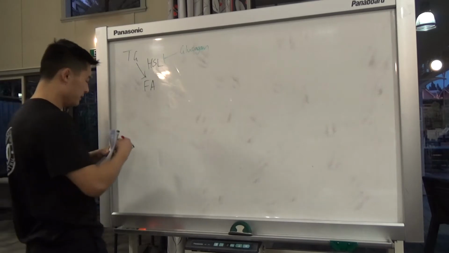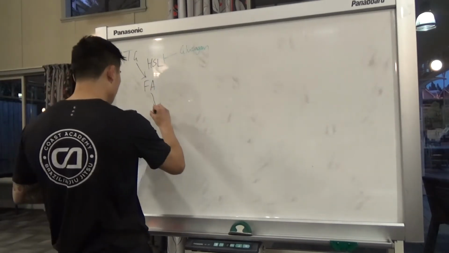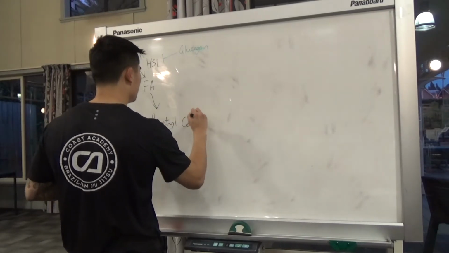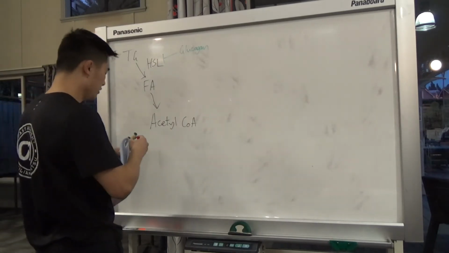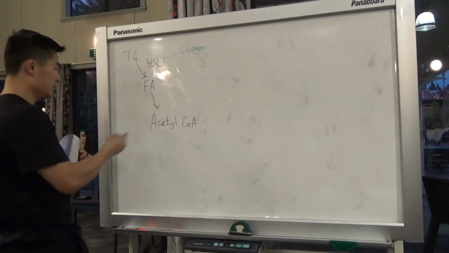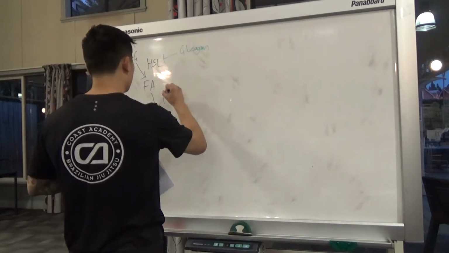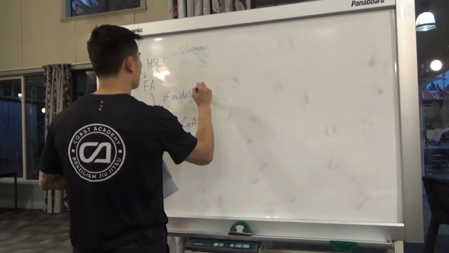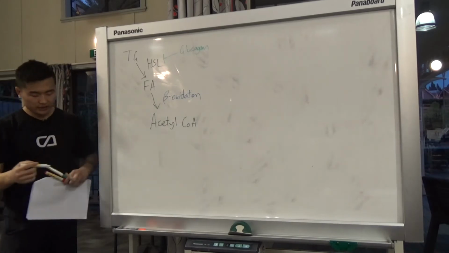And then these fatty acids will be broken down into acetyl-CoA. So this process here, the breakdown of fatty acids into acetyl-CoA, is beta oxidation.